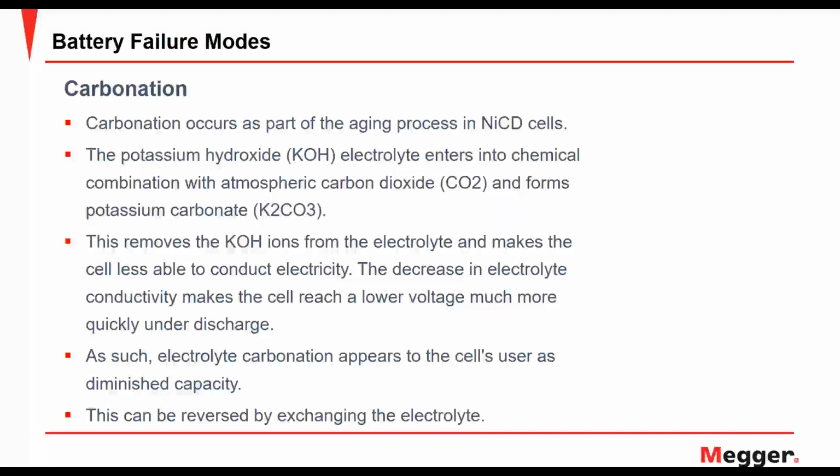The good thing about this process is that once you exchange the electrolyte of the nickel cadmium battery, you can remove this effect, increasing the capacity of your battery again to its full or almost full charge.